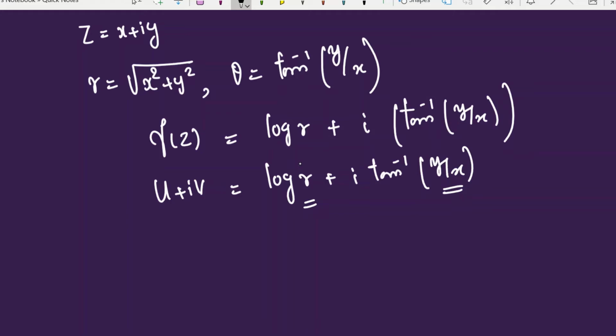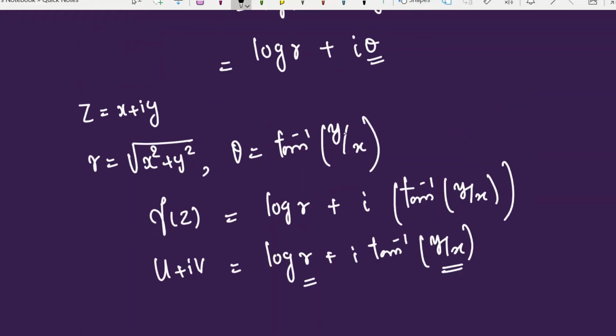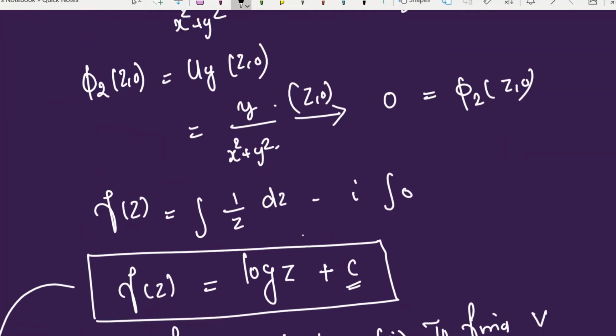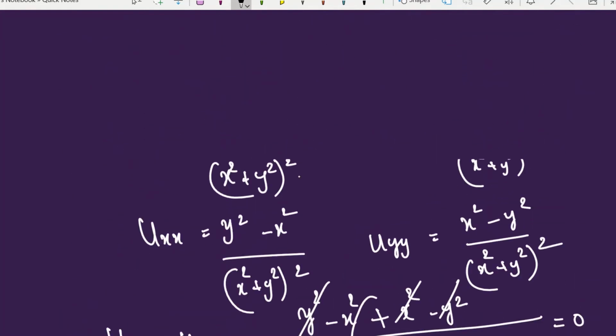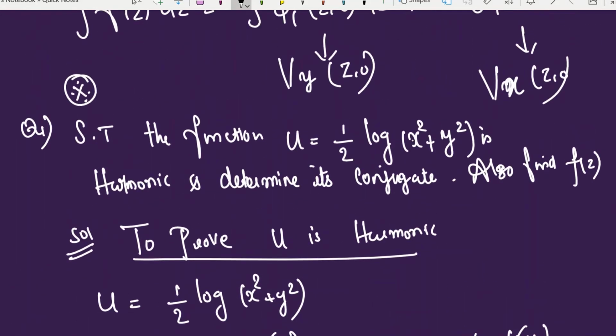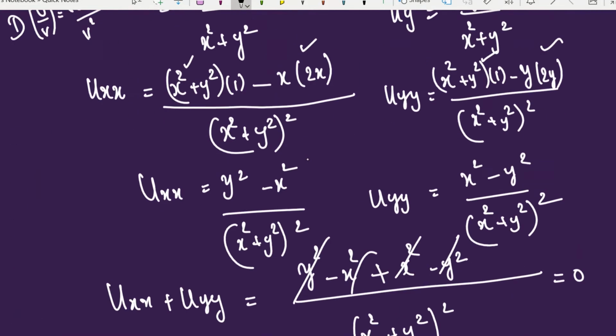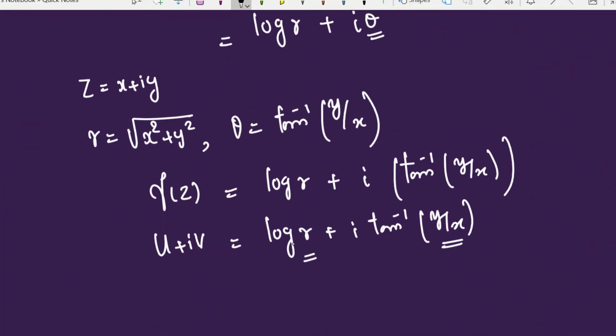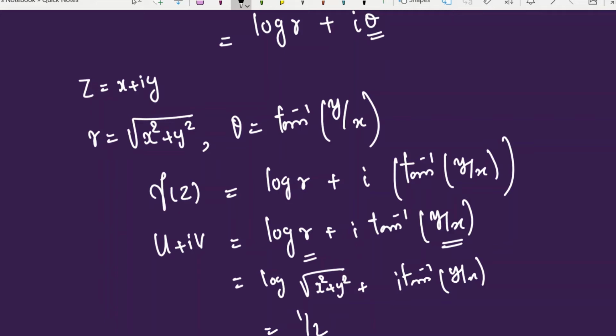So what is log r? What is our real part? The real part is available in our question itself. What is my real part in the question? Half log of x square plus y square. So it is very simple. The r value is the square root of x square plus y square, which is power half.